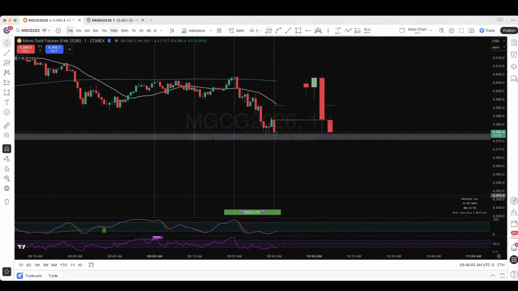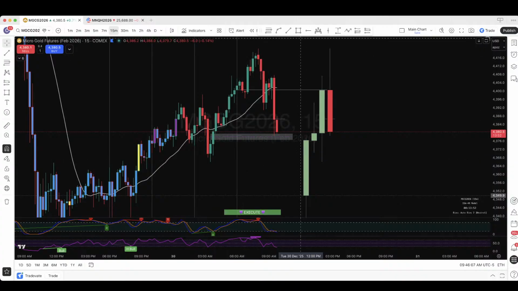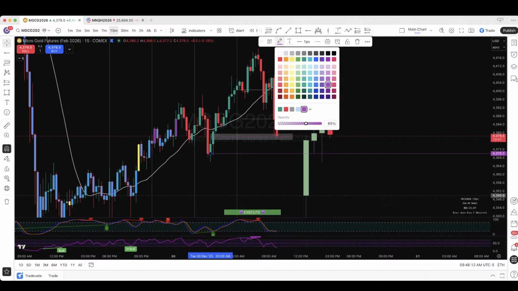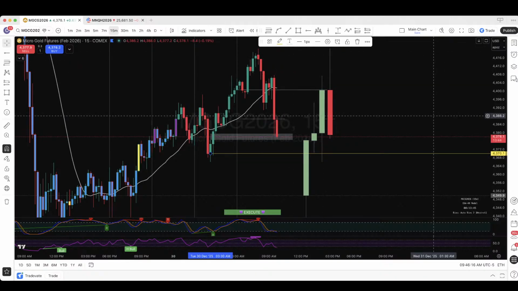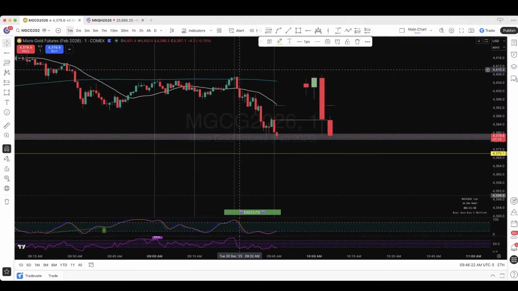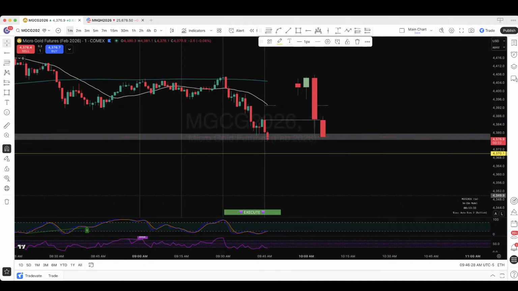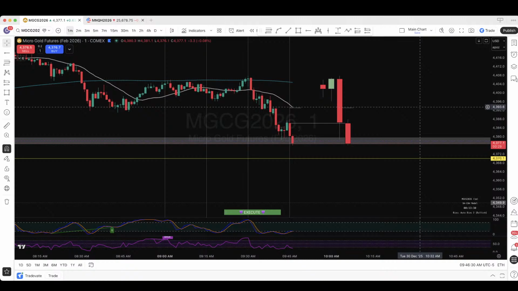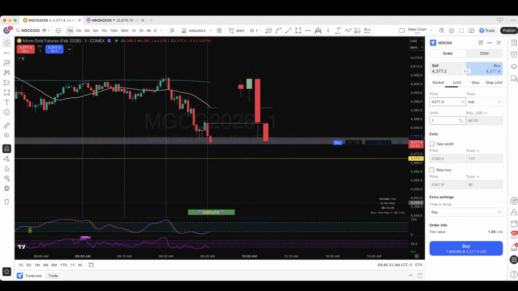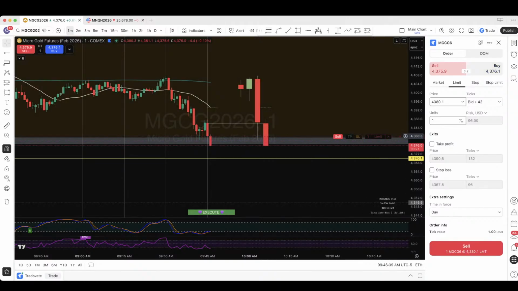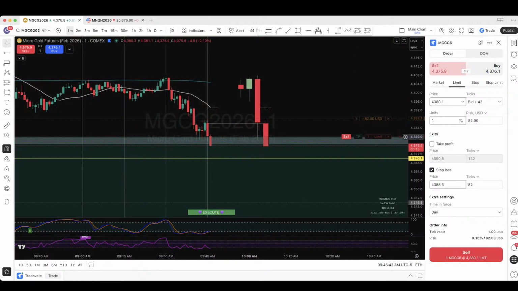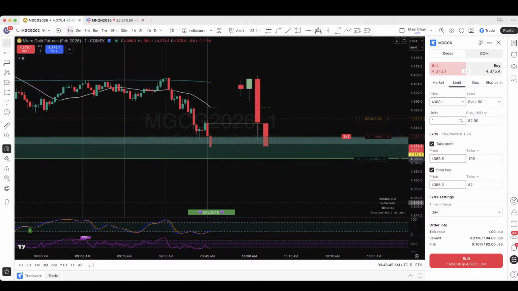Okay, where are some downward targets here? I want to do this a lot. Doesn't mean I'm getting into a trade. I just want to see what the risk is, because like it's over there, huh?